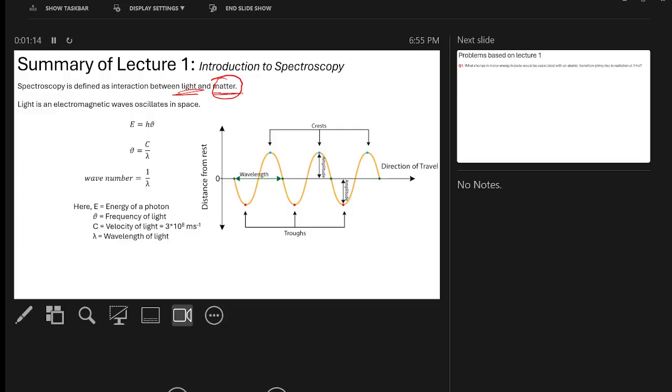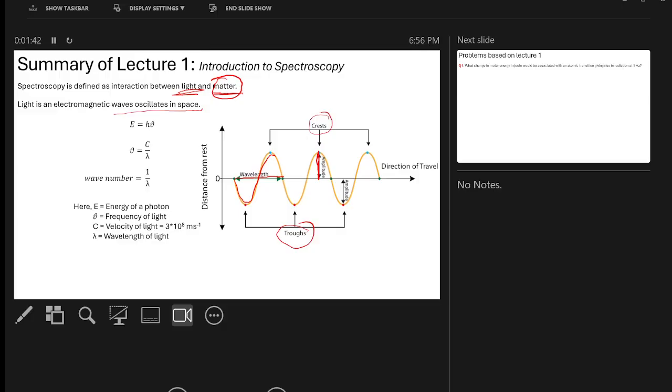Light is an electromagnetic wave that oscillates in space like this. Here you can see it's a kind of wave. The top ones are called crests and the negative ones are called troughs. The length of a complete wave is called wavelength, and this height is called the amplitude of the wave.